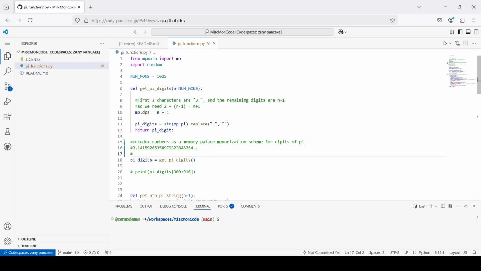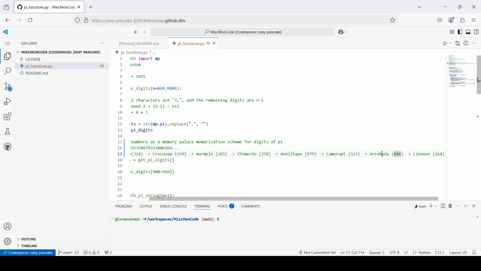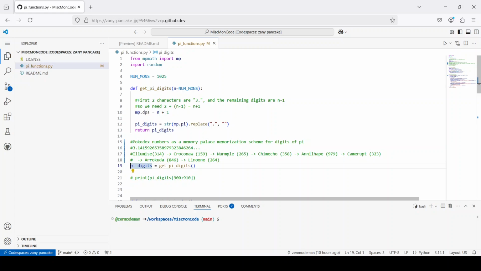This gets represented in my memory palace as Illumise 314, 14, Krokana 159, Wormpo 265, Chimeco 358, Fate Annihilate 979 to Cameropt 323 to Aracuda 846 to Linoon 264. So that's the kind of idea there.